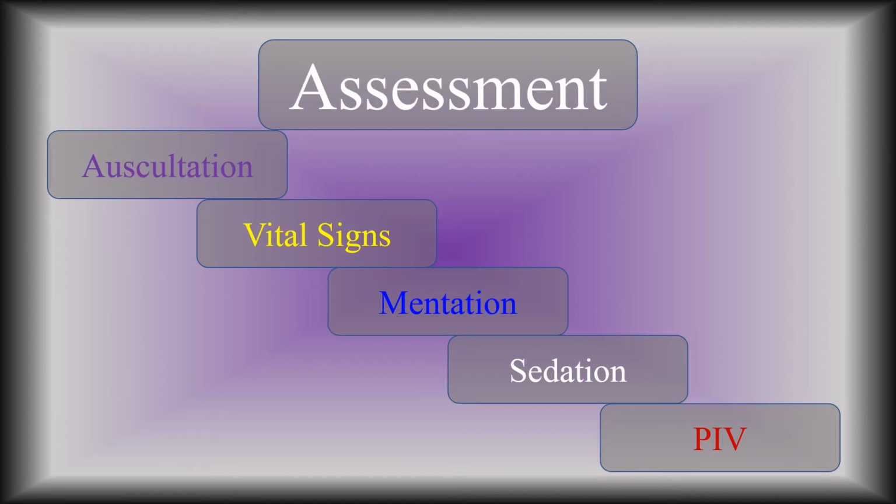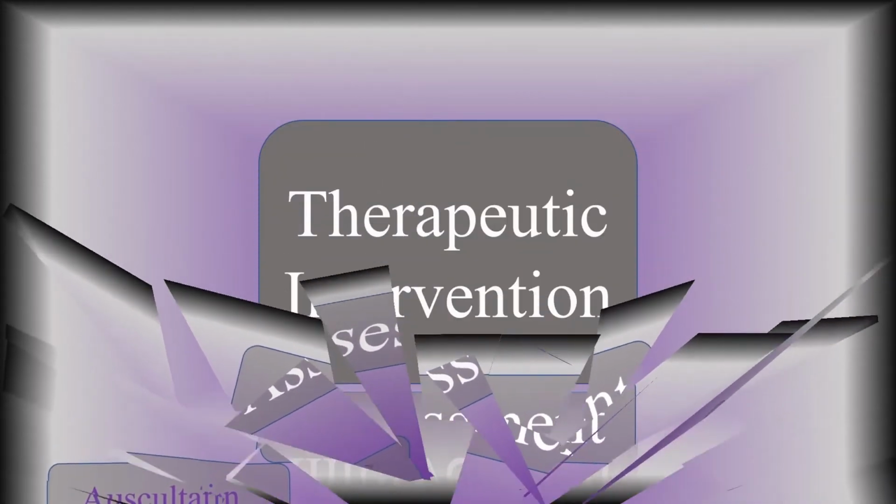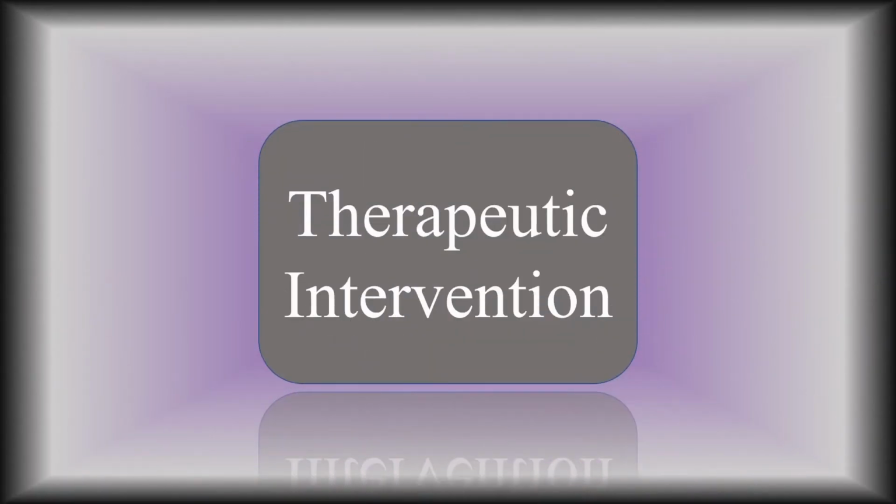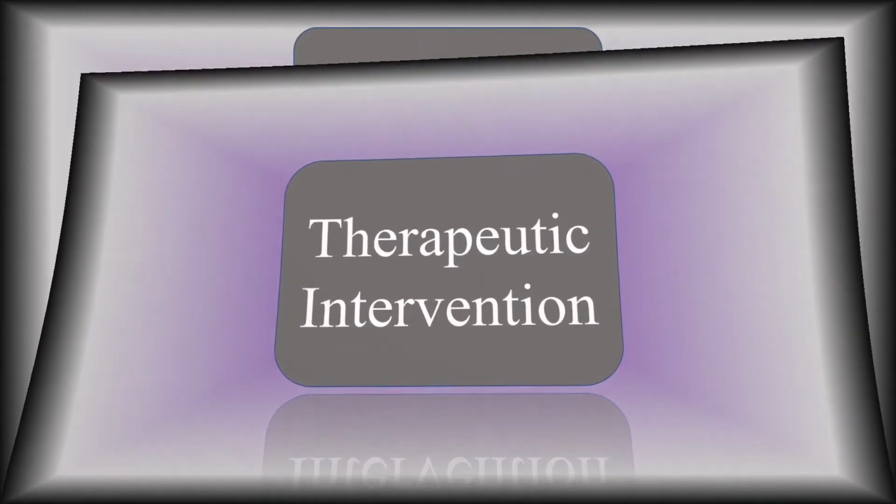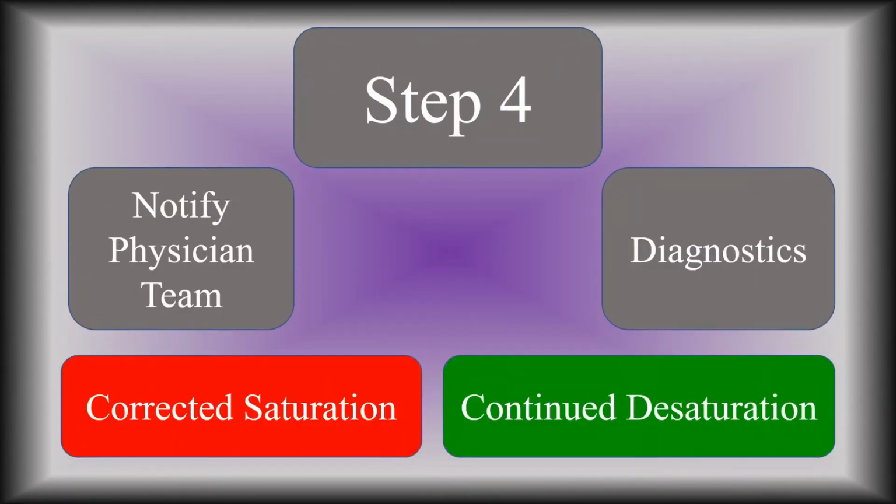Moving on to the next step, based on your assessment, you're going to do a therapeutic intervention, right? Now you've assessed and you're like, okay, I can give a PRN, or maybe the respiratory therapist is going to give a nebulizer treatment, etc. Go through your therapeutic interventions together, see what you have available, and if that still doesn't work, you move on to step 4.